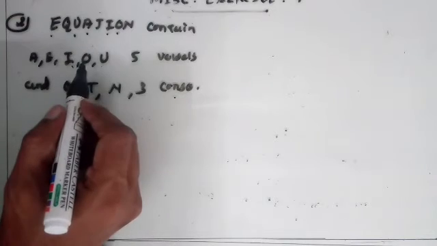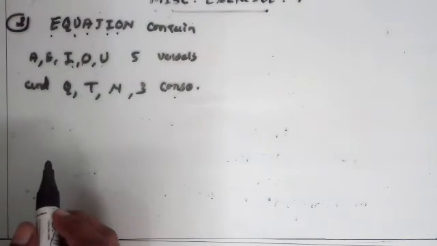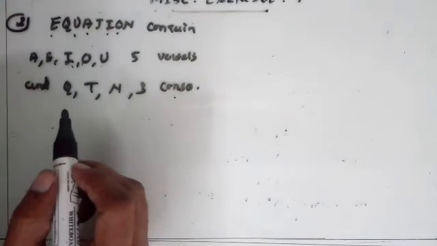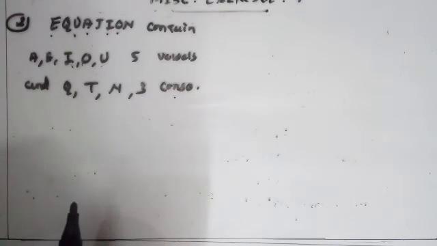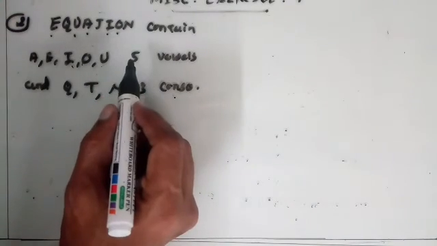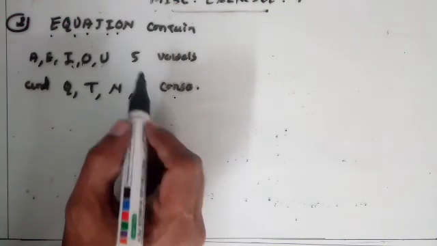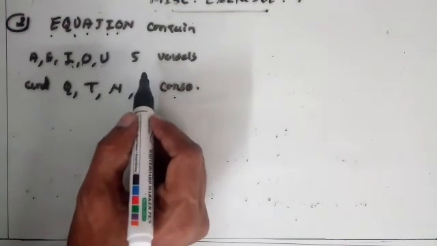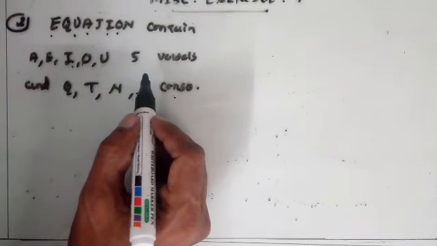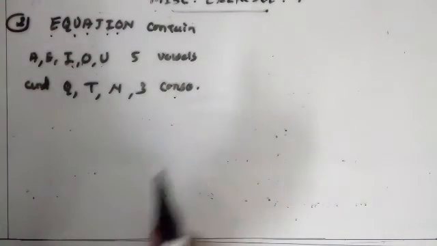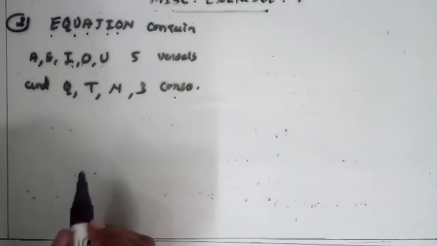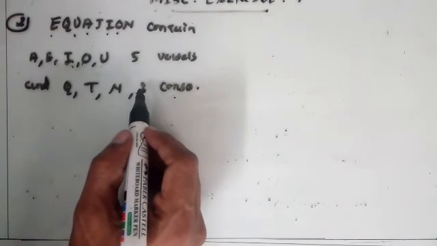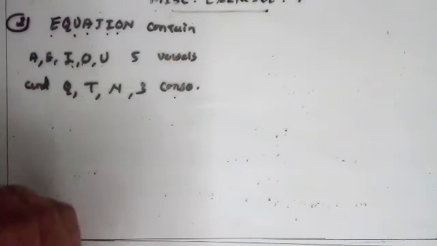So 5 vowels can be arranged in 5 factorial different ways, and 3 consonants in 3 factorial ways, and both groups of vowels and consonants can also interchange with each other, which can happen in 2 factorial ways. So the number of such words is equal to 5 factorial into 3 factorial into 2 factorial.